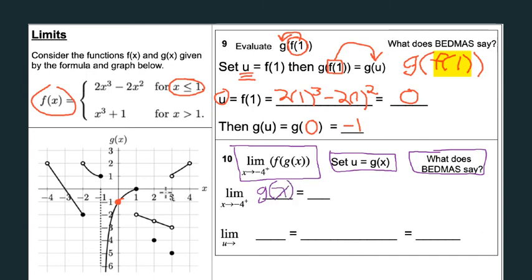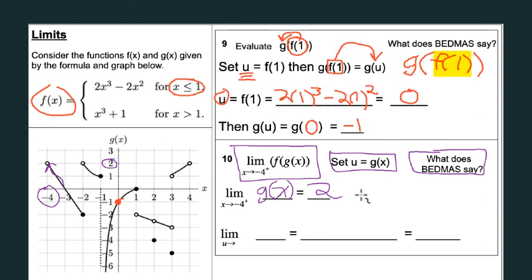So let's go to negative 4, the positive side of negative 4. Well, there's negative 4. As I approach from the positive side, from the right, the y value is 2. Okay, so now that's what g of x is. So that's what u is. g of x is u.